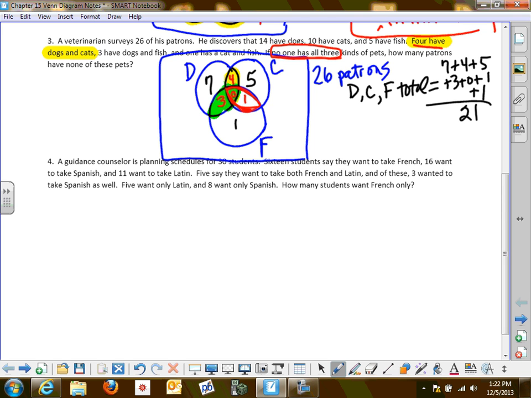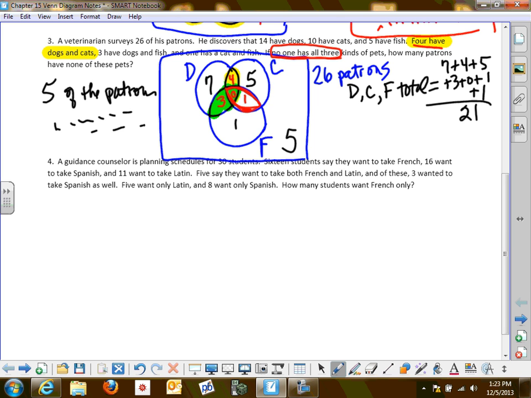So what's left? 5. Okay, good. All right, so let's answer the question. How many patrons have none of these pets? And that answer would be 5 of these patrons have none of these pets.